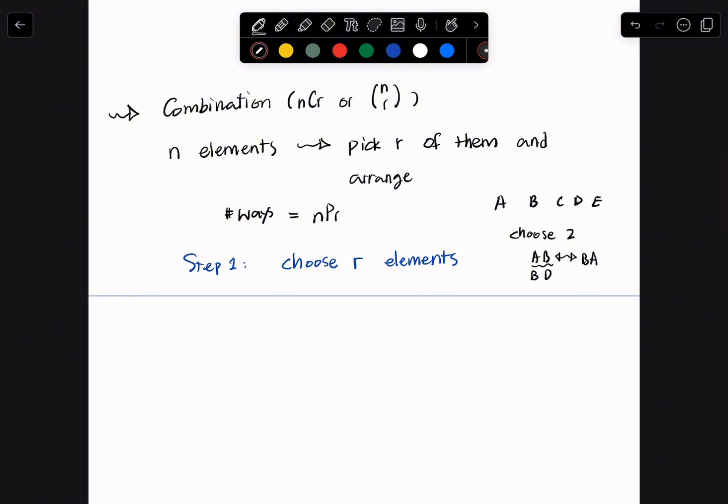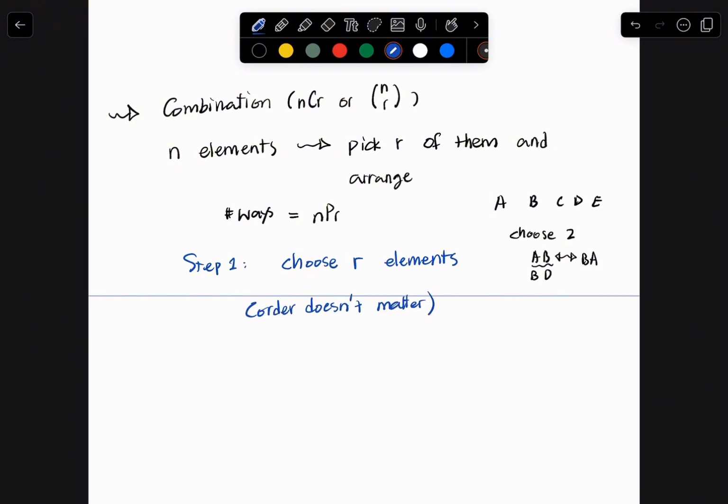Because if I choose AB or BA, they are all the same persons. Just as I said here, the only thing important is who I have, not the order between the people. So it doesn't really matter if I choose A or B first. They are all the same for me.